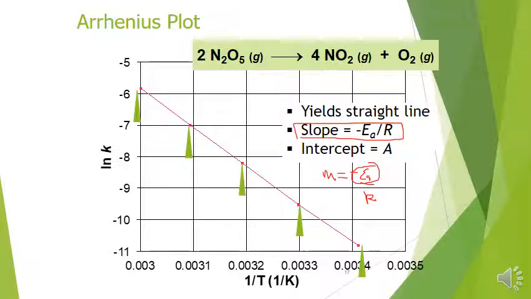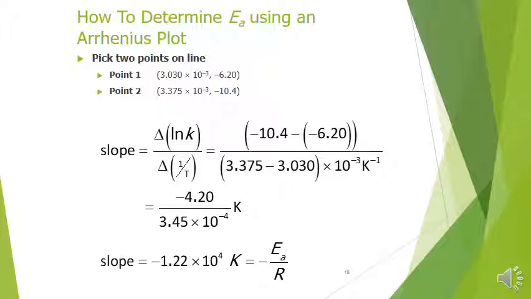Also, this point right here is the Arrhenius constant. You take two points on that line, or you could simply use a calculator to figure out the slope. Just put in the data and have it come up with the slope for you.